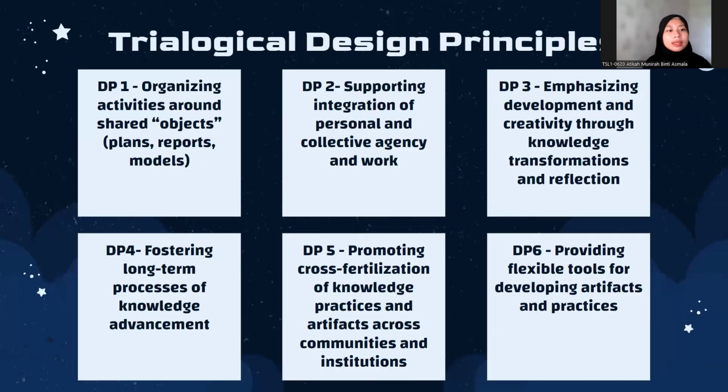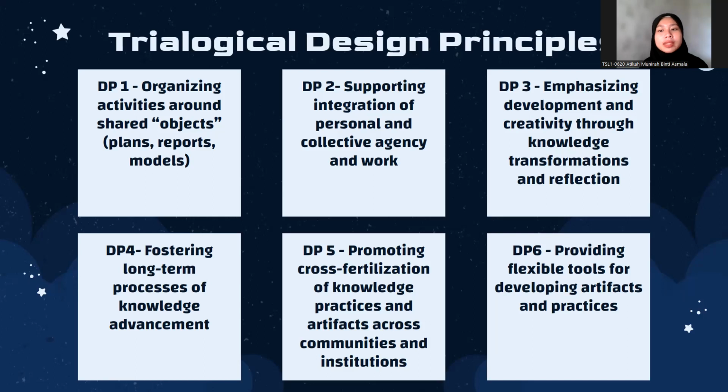There are six main triological design principles. The first one is organizing activities around shared objects, which are plans, reports, and models. The second principle is supporting integration of personal and collective agency and work.